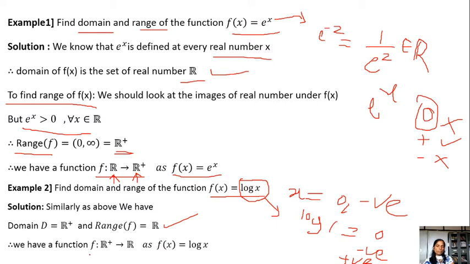So we have a function f from R plus to R. R plus is your domain, and this R is the range of the function f of x equal to log x. So this is how to find the domain and range of a given function.